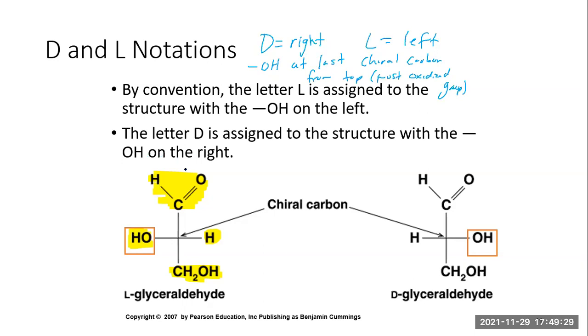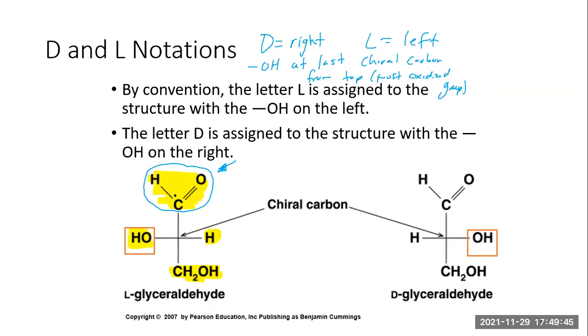Up here, this guy right here is like our aldehyde group that we see in organic chemistry. And we know in organic chemistry, as we talked about, this aldehyde group can be oxidized to a carboxylic acid. So this would be our most oxidized group.